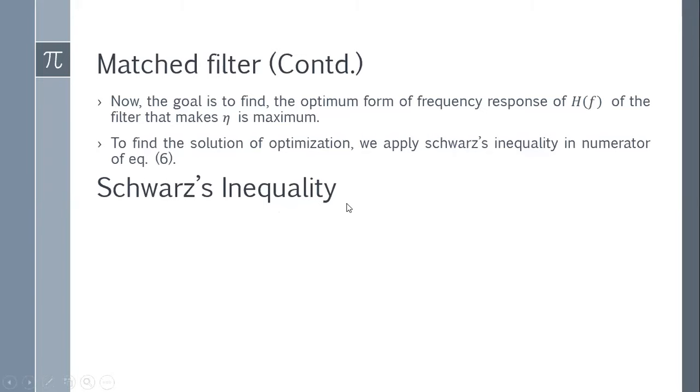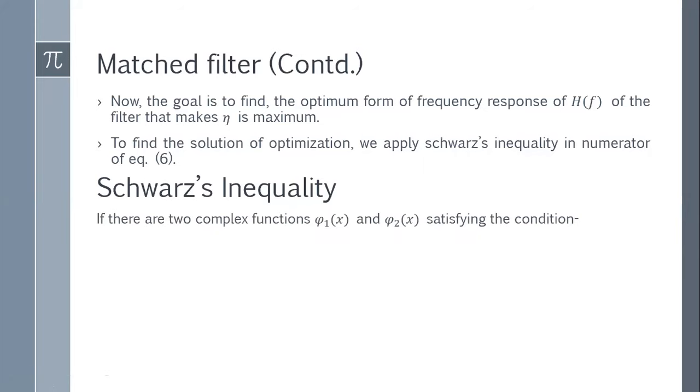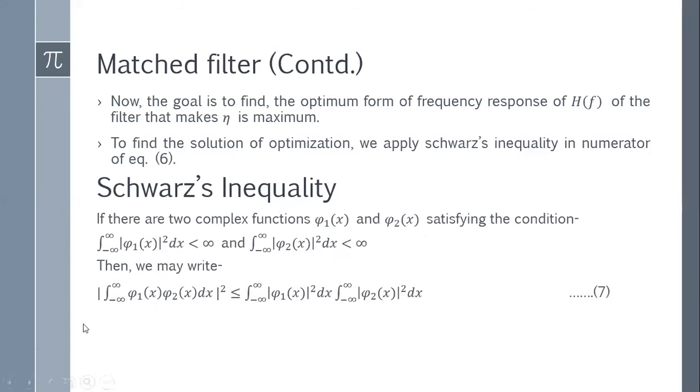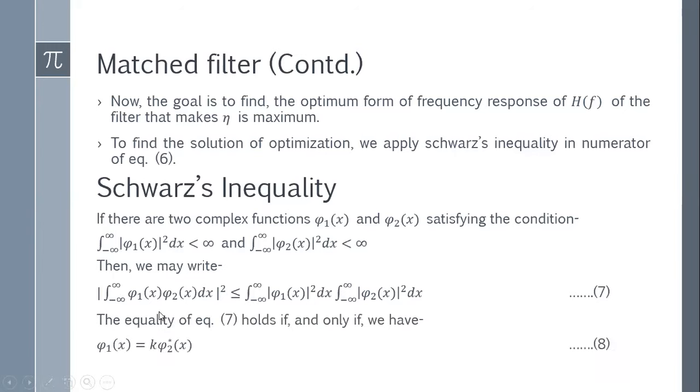So what is the Schwarz inequality? I am not going to derive it, I am simply writing the result. Say we have two functions, phi1(x) and phi2(x), such that the integral of |phi1(x)| whole square dx and the integral of |phi2(x)| whole square dx are both less than infinity. Then the magnitude of the integral of phi1(x) phi2(x) dx, whole square, is less than or equal to the product of the integral of |phi1(x)| whole square dx and the integral of |phi2(x)| whole square dx. The equality will hold if phi1(x) is equal to k times the conjugate of phi2(x). Please see this equation very carefully.